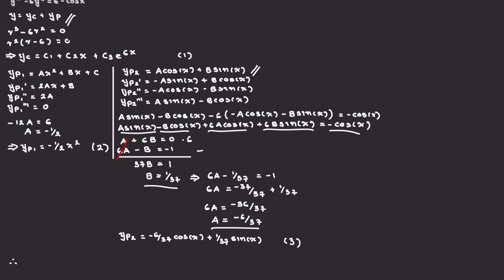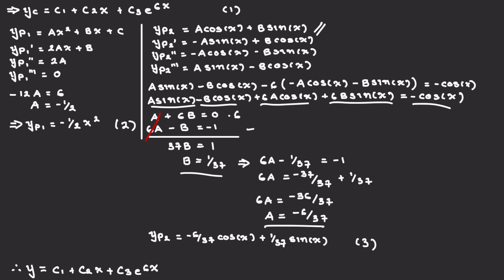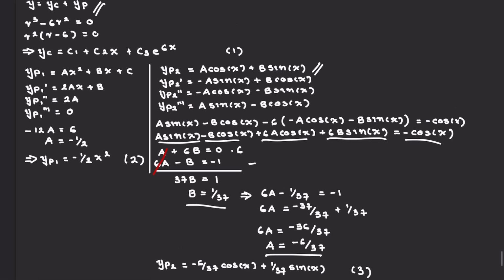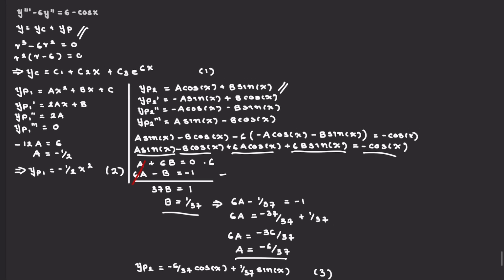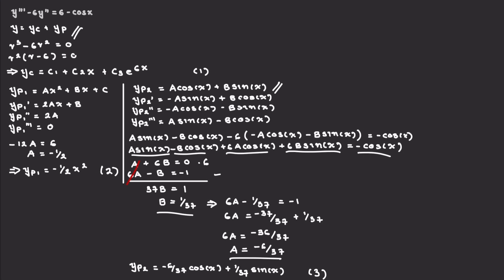And this is our final solution. y equals yc, which is c1 plus c2x plus c3 e to the 6x, minus 1 over 2 x squared, our yp1, and our yp2, minus 6 over 37 cosine of x plus 1 over 37 sine of x. And this is how you solve ODEs using the undetermined coefficients for higher orders in sinusoidal form.